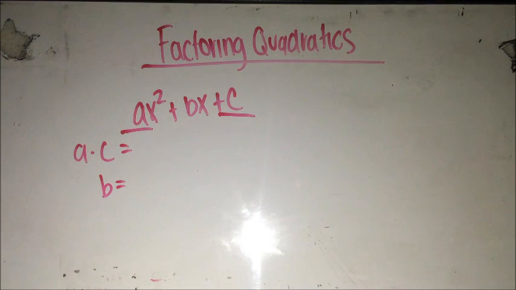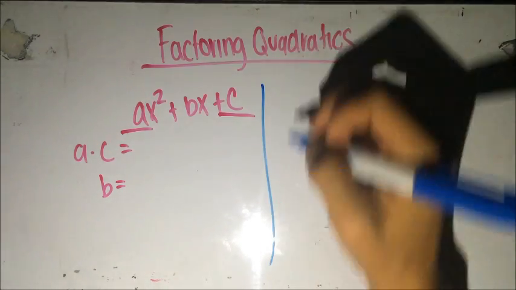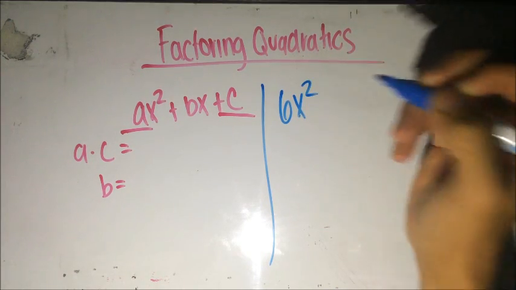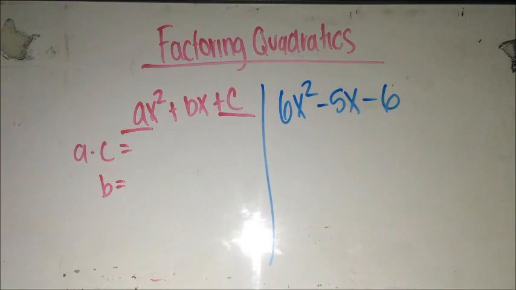So for our first example, we're going to have 6x squared minus 5x minus 6.